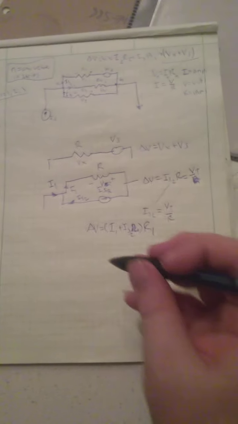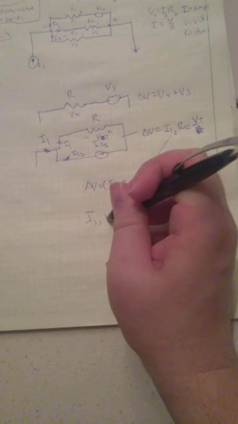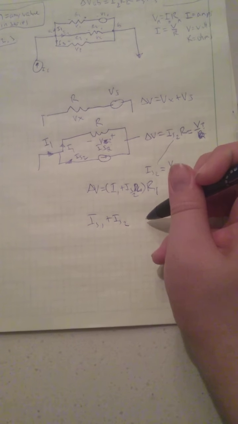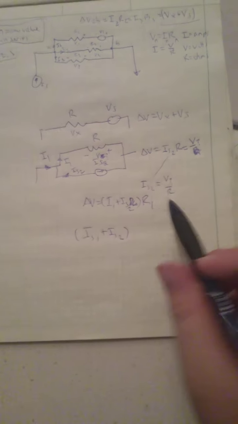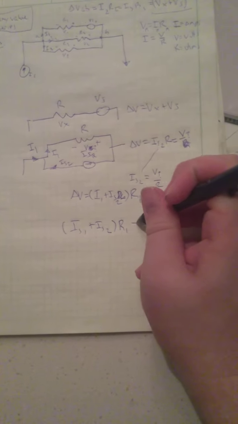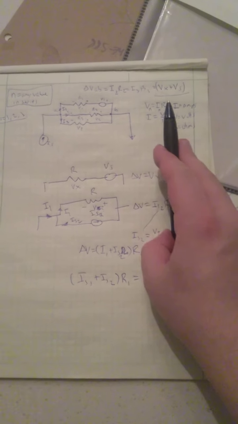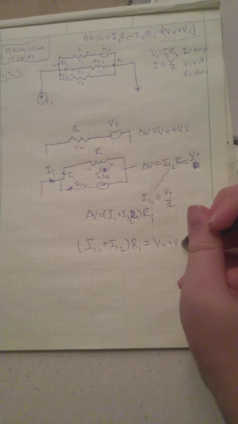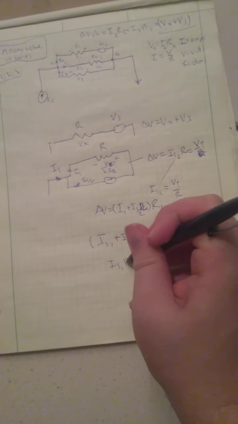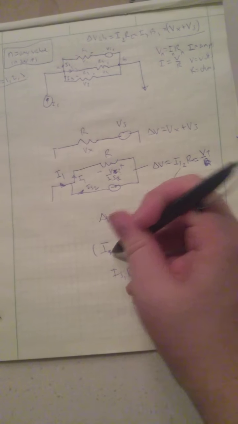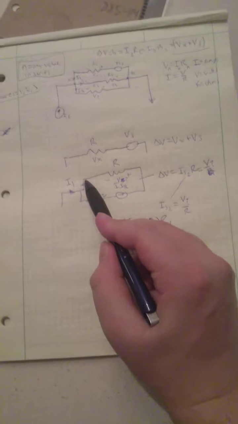Okay, so if we put these together, we say I1 plus IS2 times R1 is equal to this delta V up here, which is Vx plus Vs. What we have is I1R1 plus IS2R1, and this should just be I1, because this I1 is the same as the I1 up here, right?